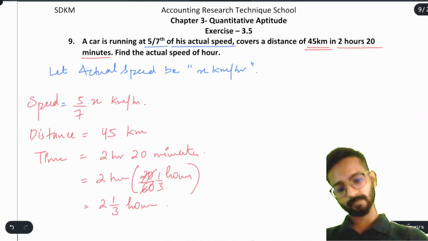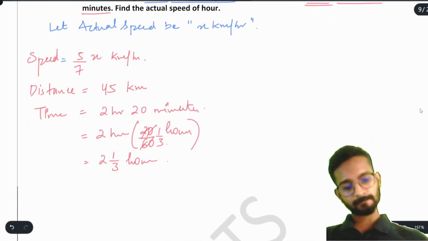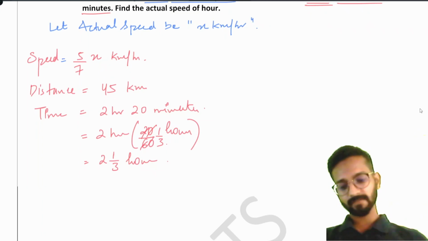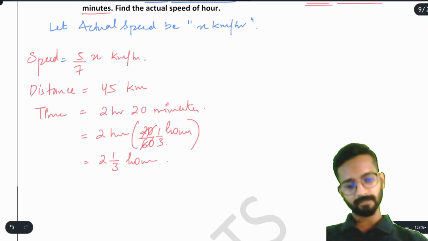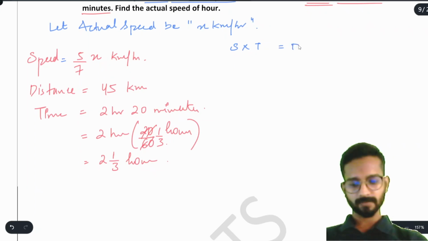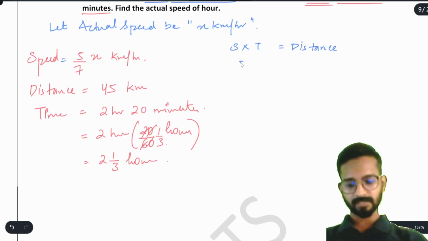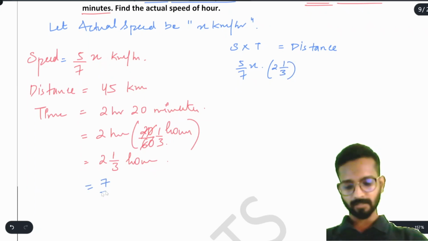Now see, if speed is given, distance is given and time is given, we can directly write here speed into time is equal to distance. Speed is 5/7x, time is 2 1/3, or you can write it as 7/3 hours.